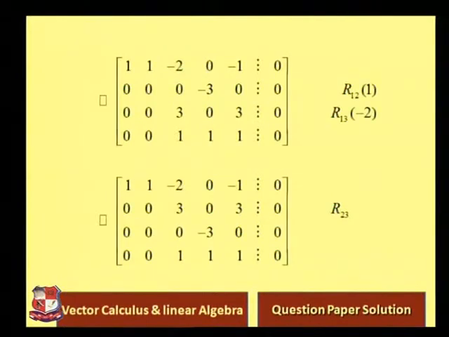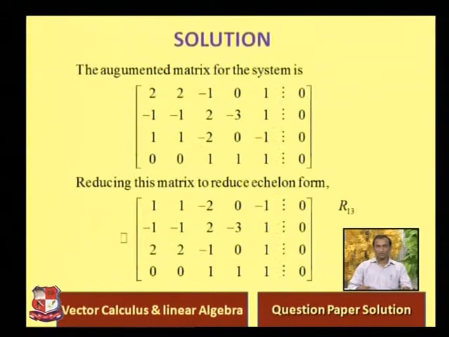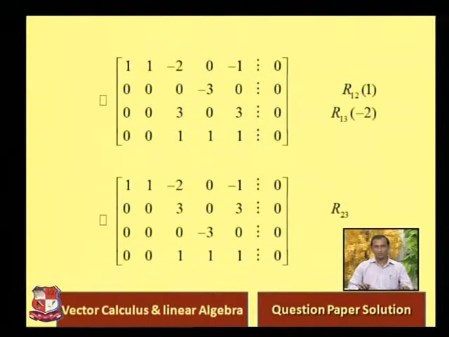Minus 2 into minus 2 plus minus 1 is 3, and next is 0, 3, 0. Similarly we find all the additions by applying this operation, and we get 0, 0, 3, 0, 3 and 0. The last row is already in 0 form, so it stays as it is: 0, 0, 1, 1, 1, 0.